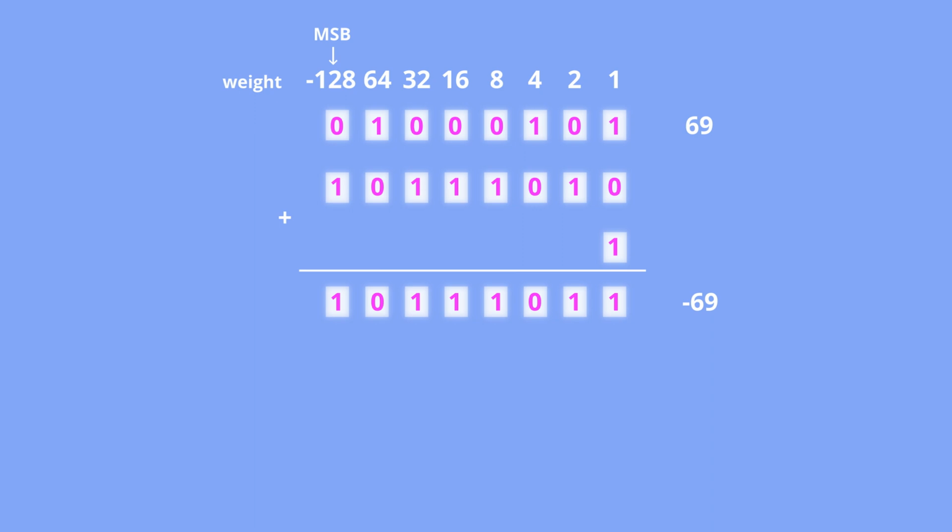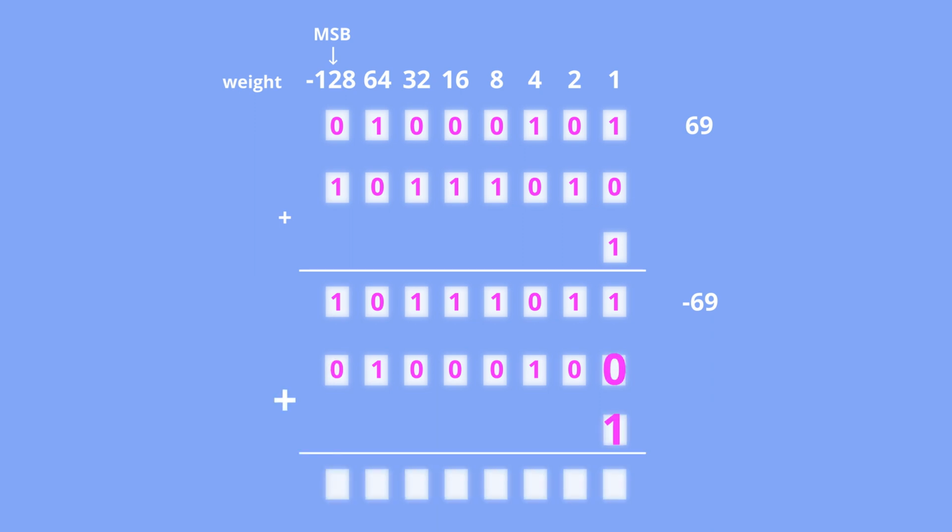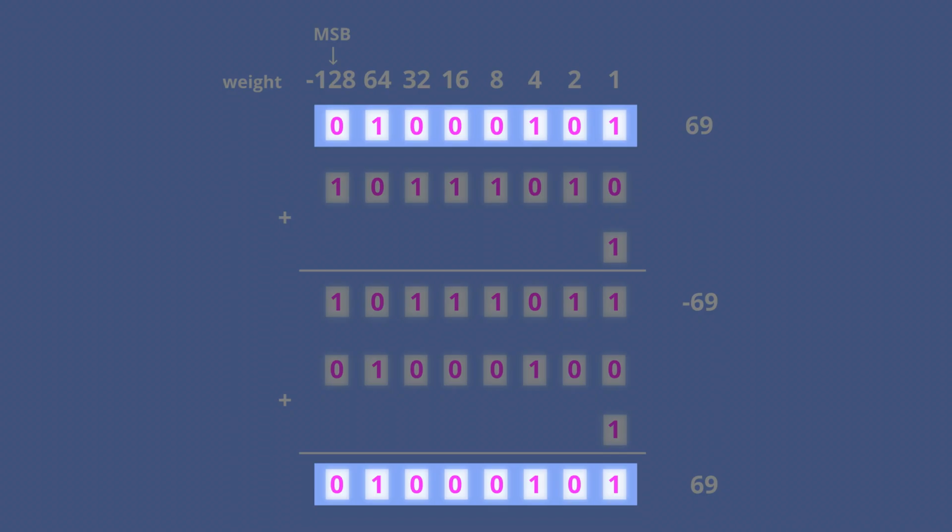Let's repeat the procedure. We invert bits of negative 69 and add 1. And as we can see, we obtain positive 69.